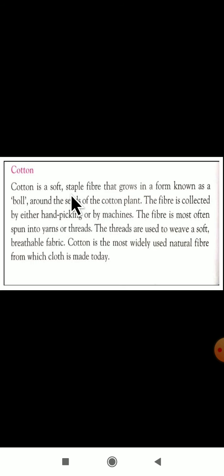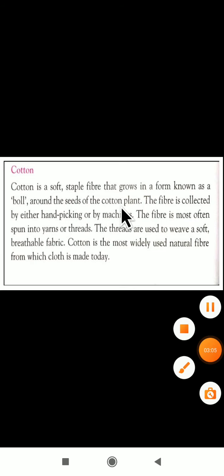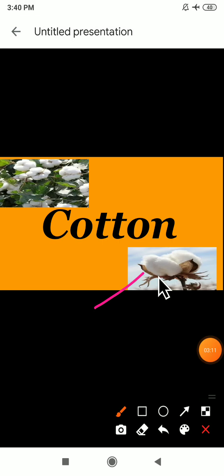Cotton is a soft staple fiber that grows in a form known as a boll around the seeds of the cotton plant. Dear students, by seeing the cotton, can you tell how it is? It is very soft. If you touch it, you feel it is very smooth. So it is a soft staple fiber.